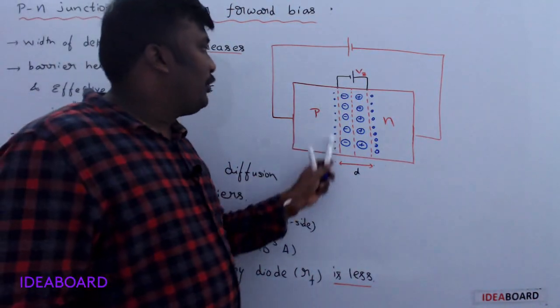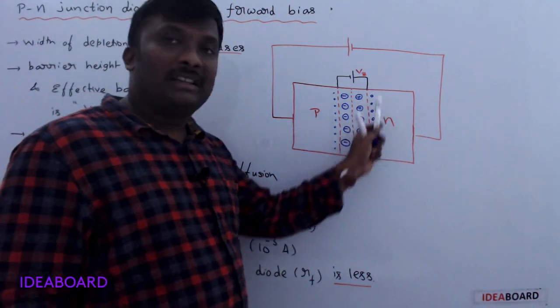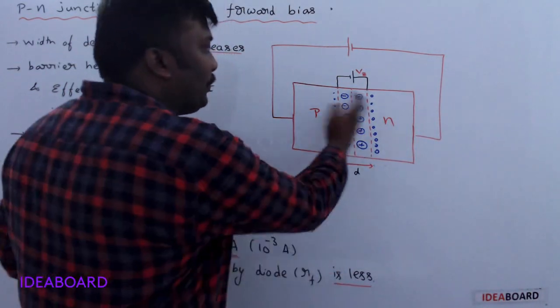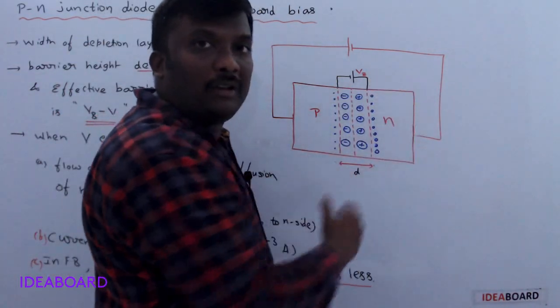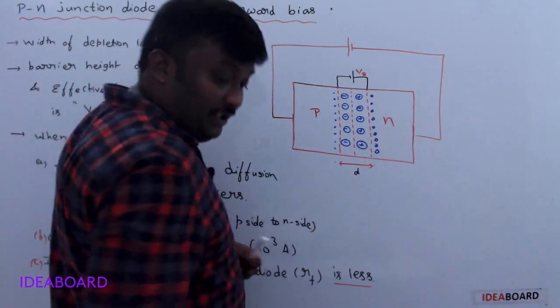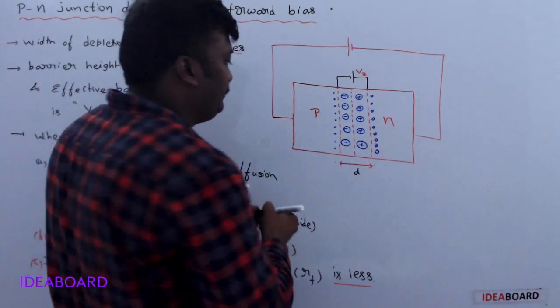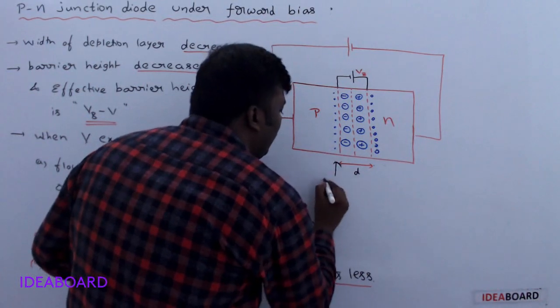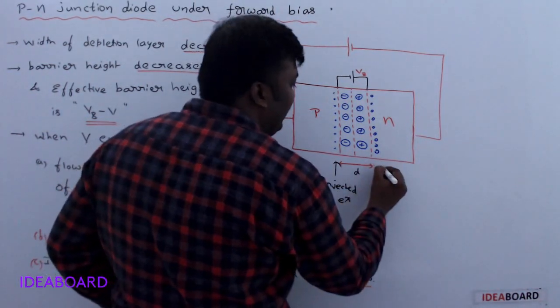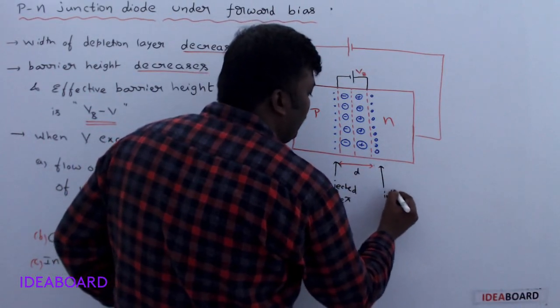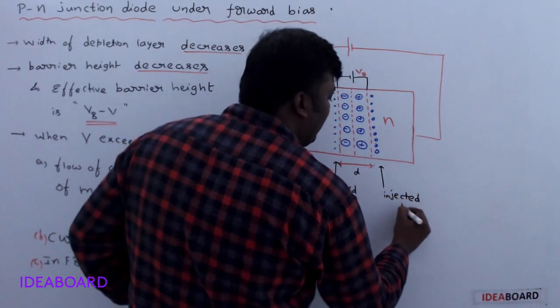Electrons are generally denoted with dots and holes with small circles. So more electrons and more holes are reaching here. These are called injected electrons and these are injected holes.